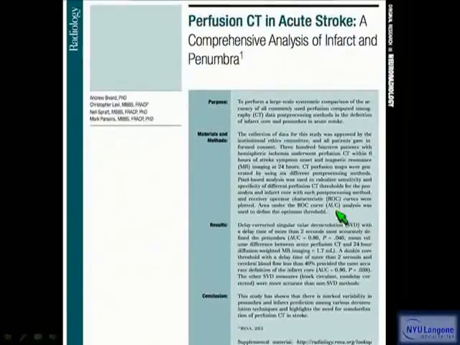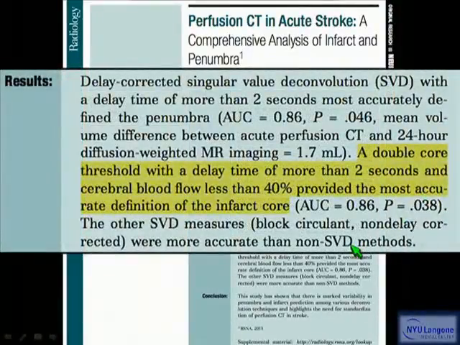In a similar study in radiology, in the Gray Journal in 2013, Bavard et al. found a similar result, and they said that a double core threshold with a delay time of more than 2 seconds and cerebral blood flow less than 40% provided the most accurate definition of the infarct core.